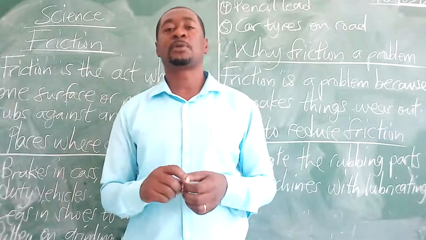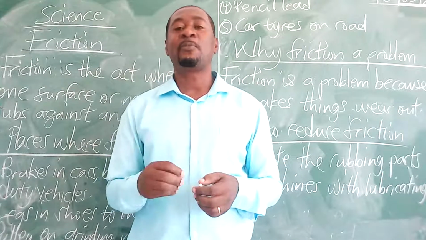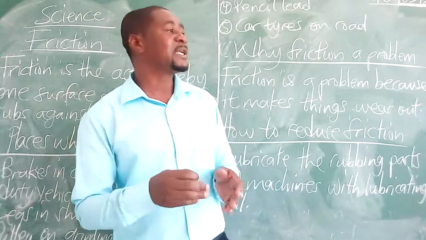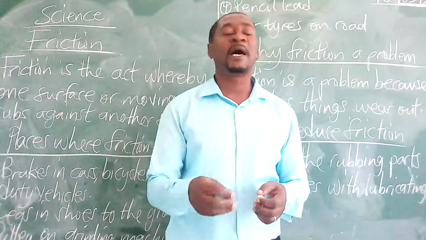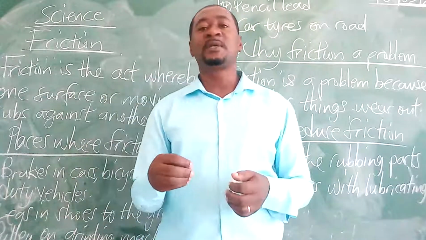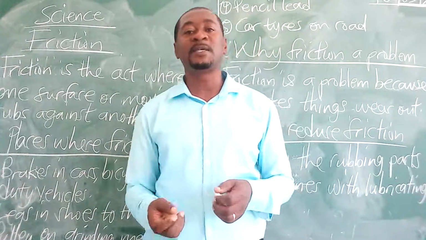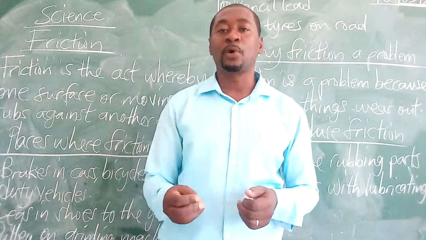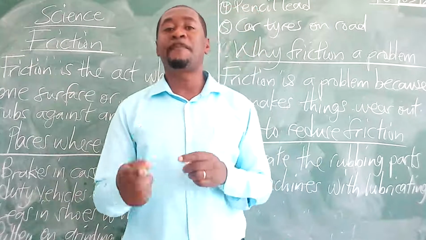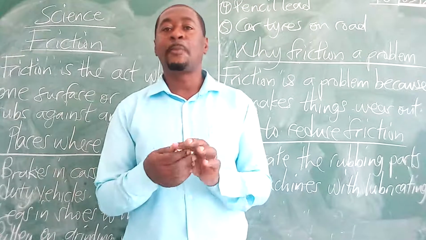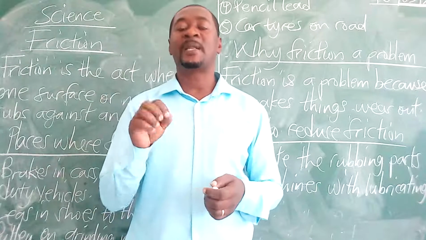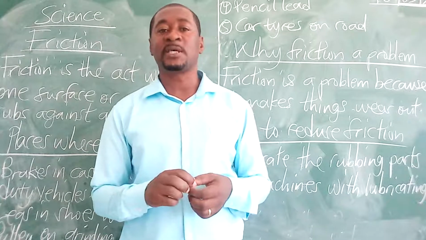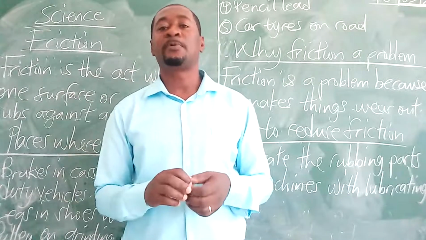You apply the lubricating oil, it will be worn out, but it will take time for it to be worn out. That's why it is advisable that any machine that you are using, whether you are using a car, a grinding machine, a sewing machine, or any machine, you have to get lubricating oil so that the moving parts, the parts that are rubbing each other, always have oil so that you will not get problems.